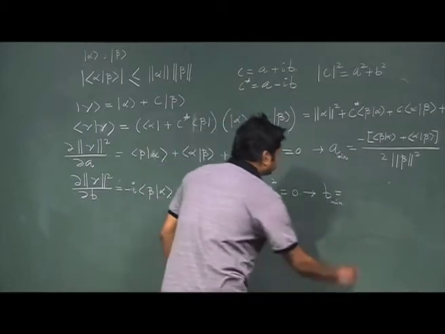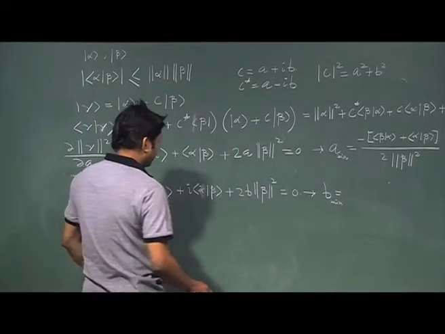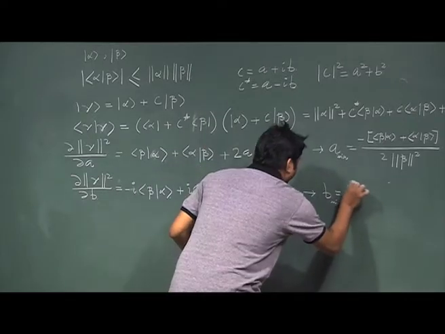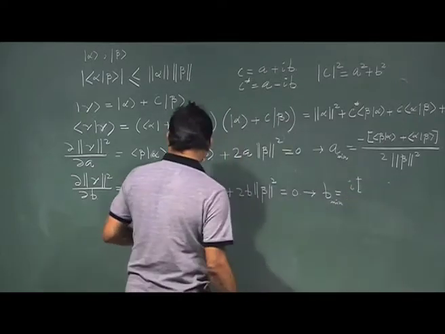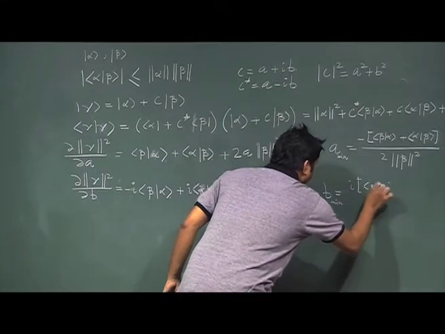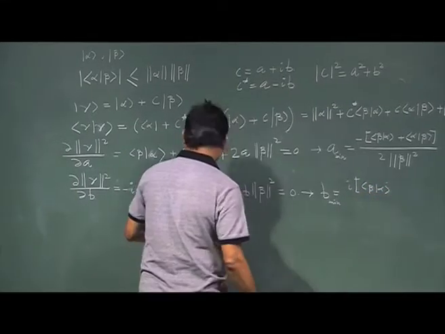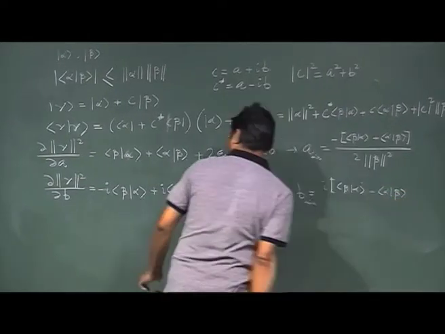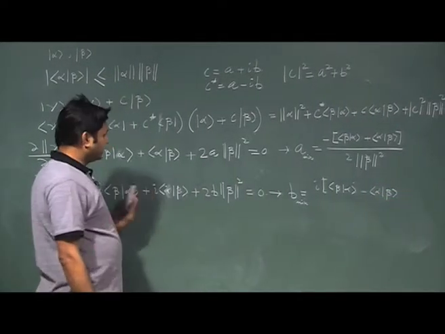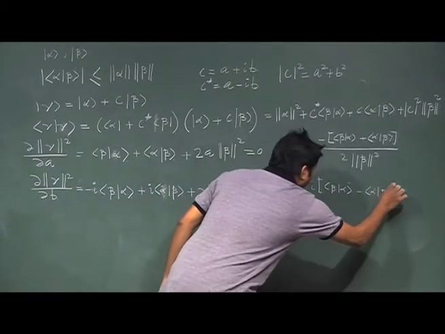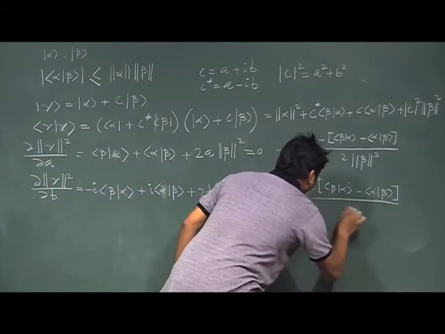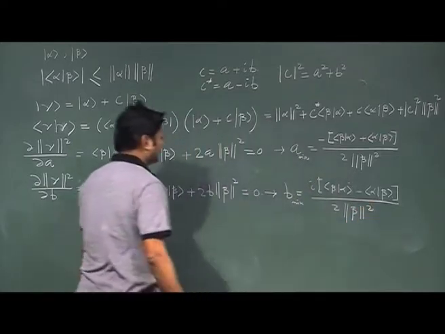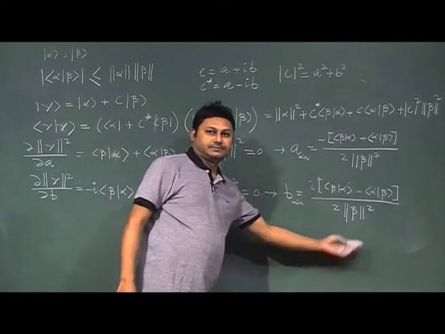Now if I do this, I will find that b is i multiplied by beta alpha minus alpha beta, because I am taking this to that side, divided by 2 times norm beta square.